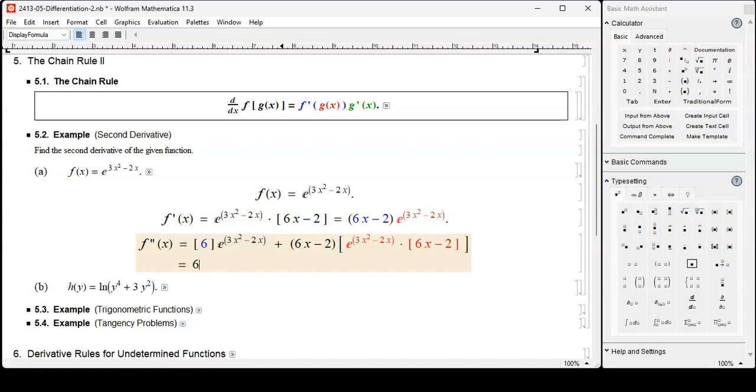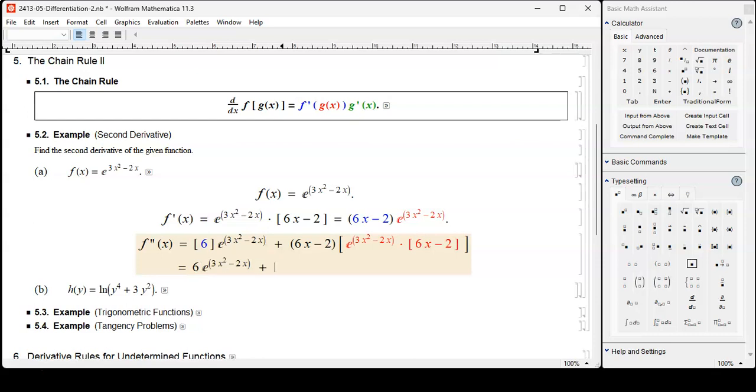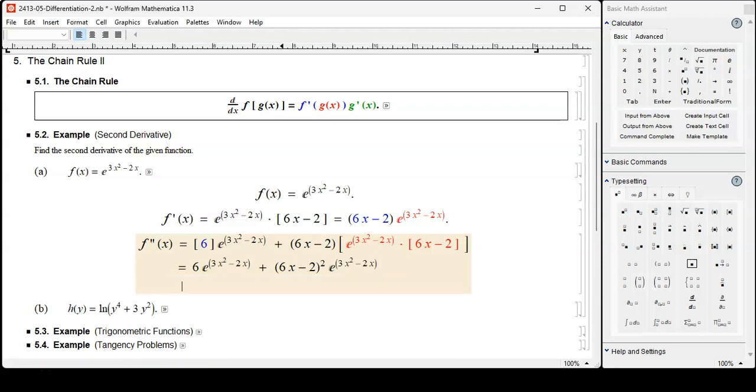So 6 and then the exponential, and then 6x minus 2, and then another 6x minus 2, and then the exponential. Or you can go even further.